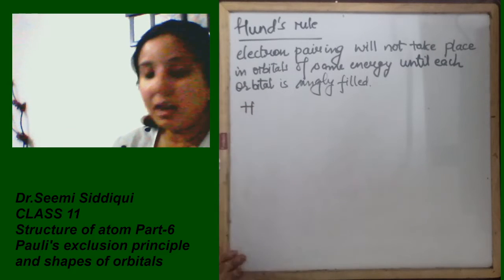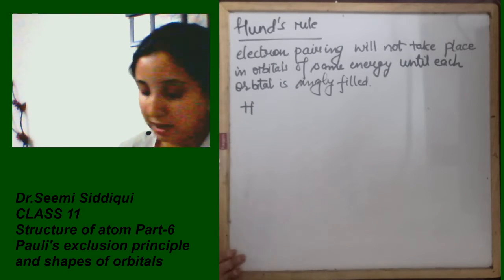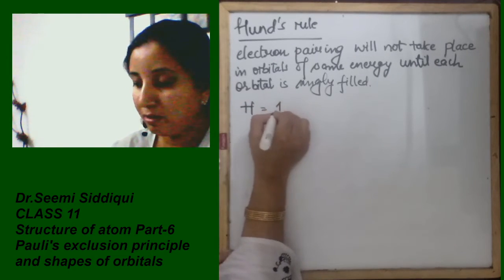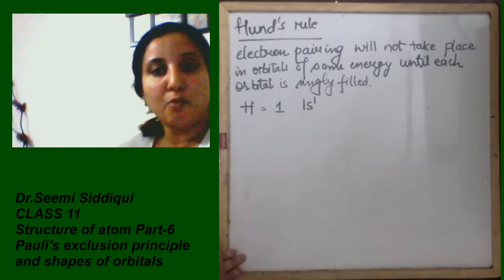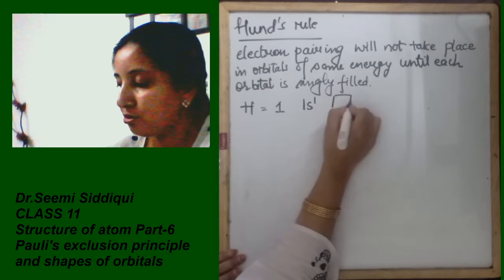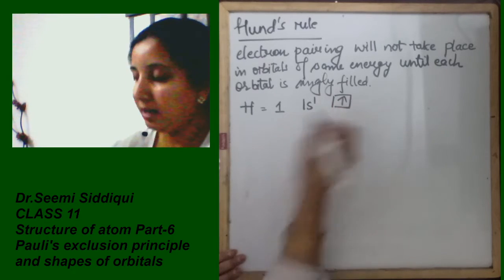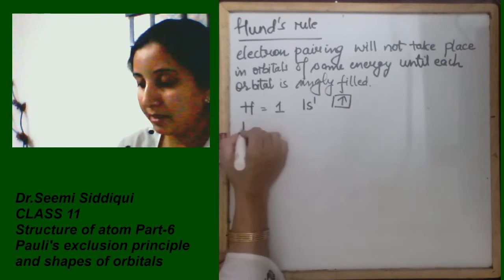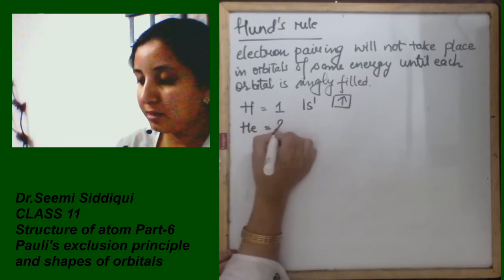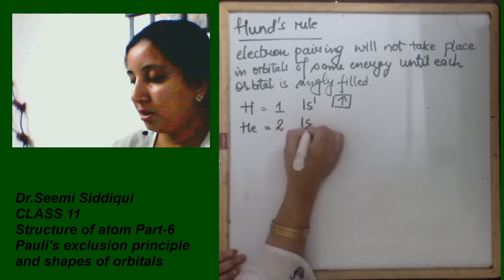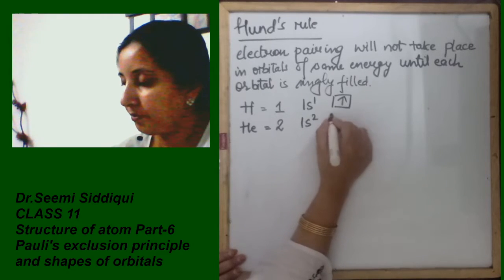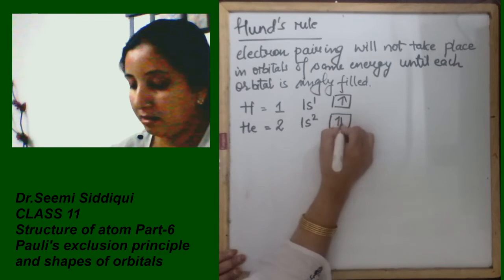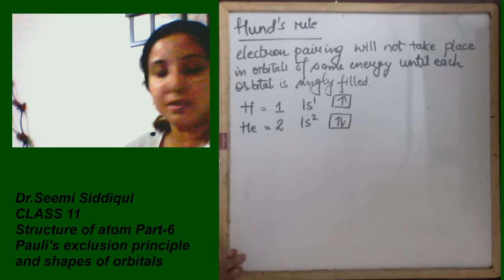Okay, now let's look at a few electronic configurations. I start with hydrogen. Hydrogen का atomic number कितना है? 1. So its electronic configuration will be 1s1. If I want to show it, I will show it like this. Okay, helium 2. S orbital में 2 electrons can be, so 1s2, with opposite spins.